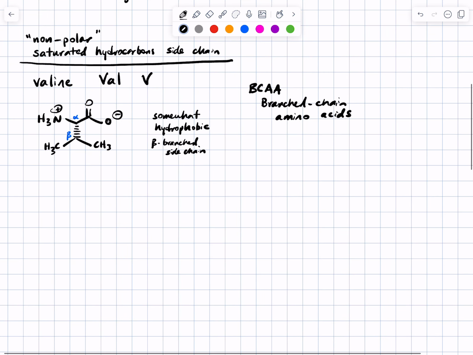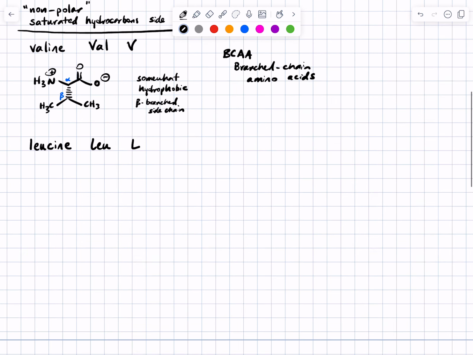All right. The next two are also branched chain amino acids. The first is leucine. Leucine, 3-letter code LEU, and 1-letter code L. Again, that one makes sense. You've got the same backbone and the same side chain chirality. At the beta carbon, though, there's no branch point.